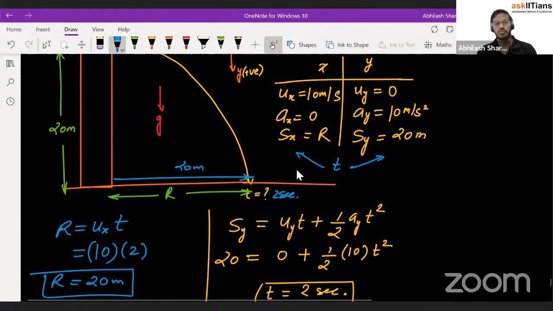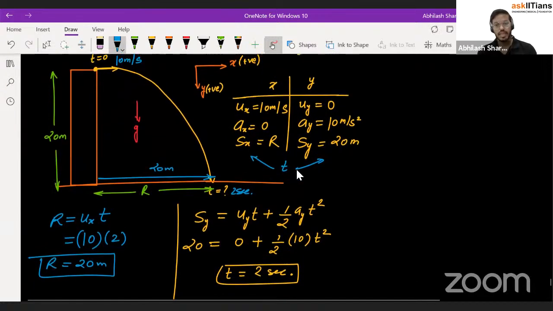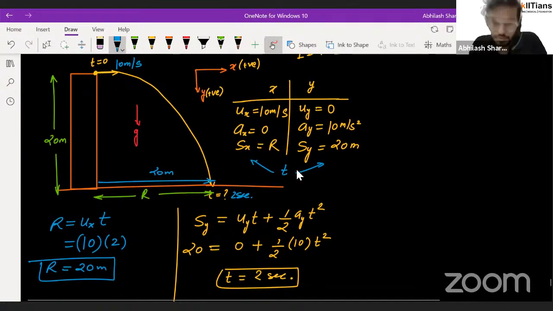This is how you solve problems of 2 dimensions. Now all of you can write down and then we will move ahead.